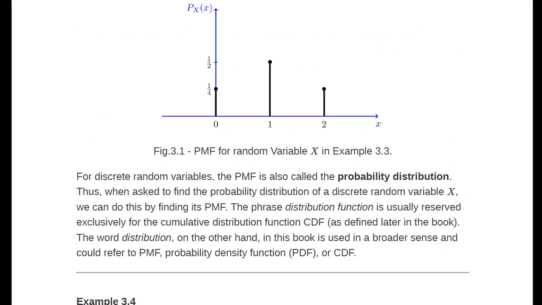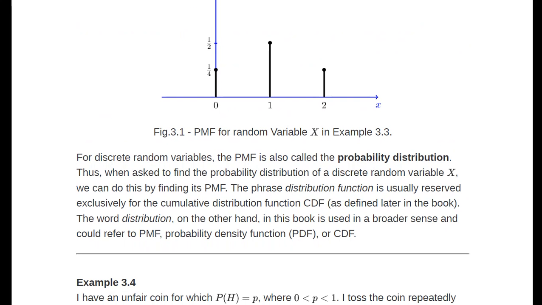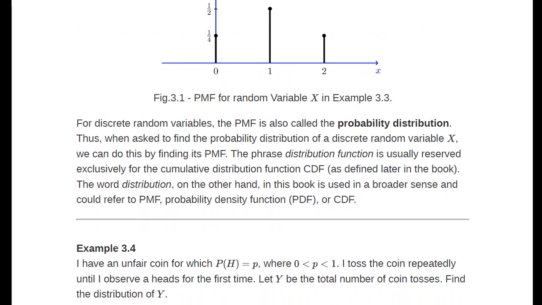The phrase distribution function is usually reserved exclusively for the cumulative distribution function, CDF, as defined later in this book. The word distribution, on the other hand, in this book is used in a broader sense and could refer to PMF, probability density function, PDF, or CDF.